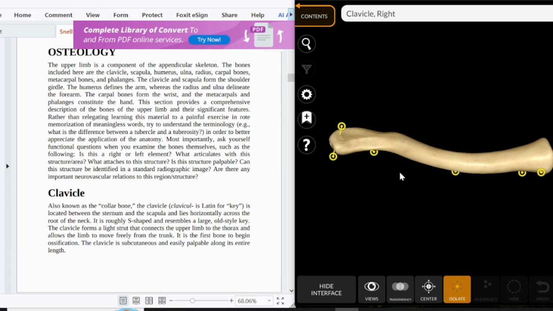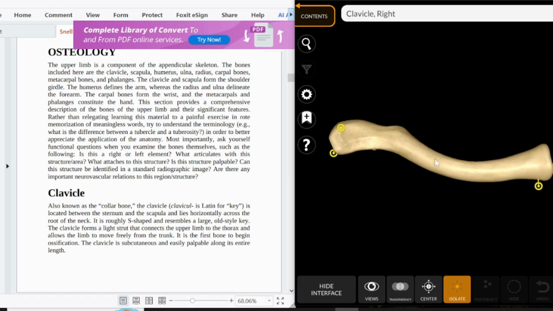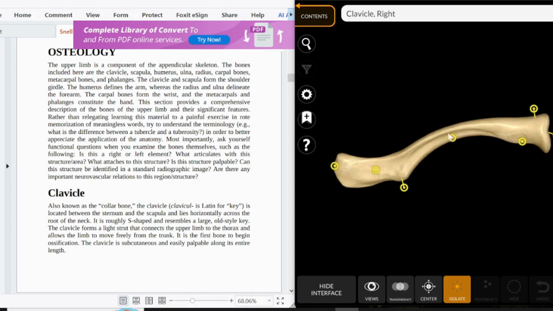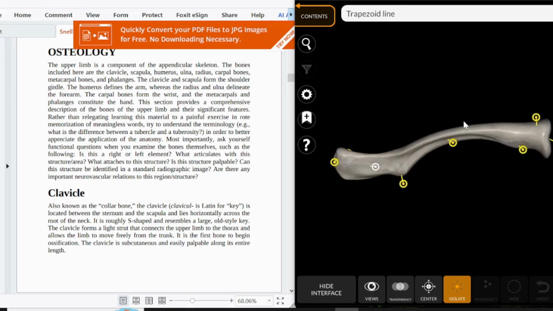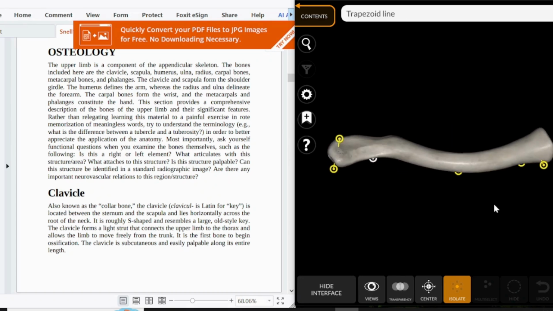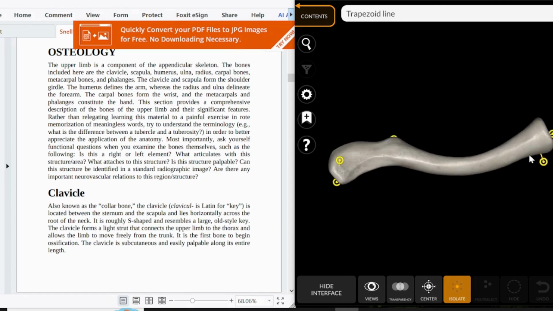Similarly, this is the superior side, and this superior side is very smooth. While if you look at the inferior side, there are different structures, like the costal tuberosity, subclavian groove, conoid tubercle, and trapezoid line. But on the superior side, you do not see many structures like these.